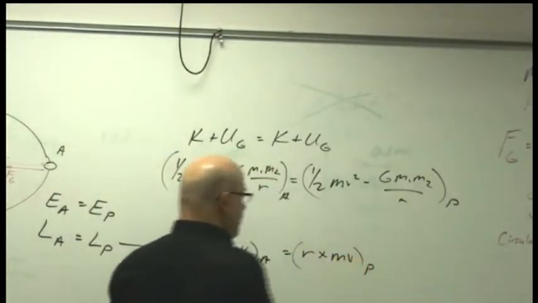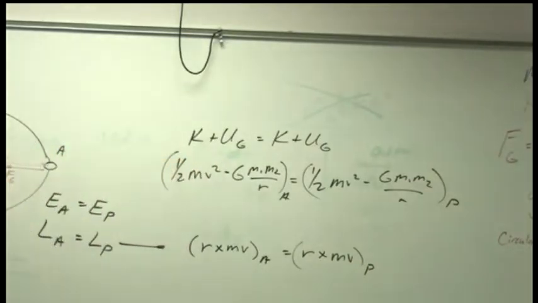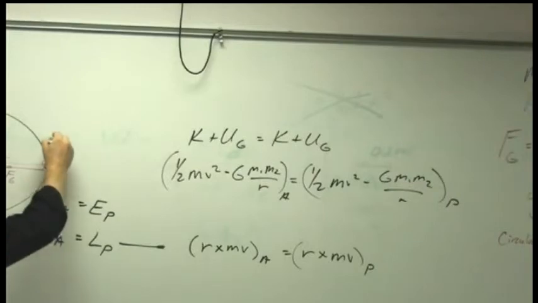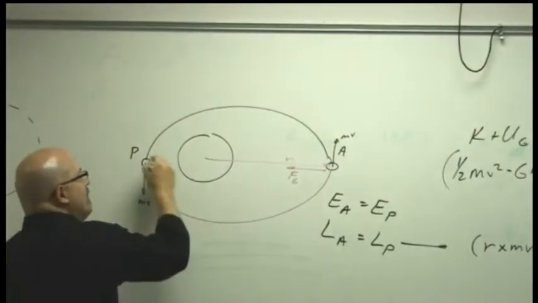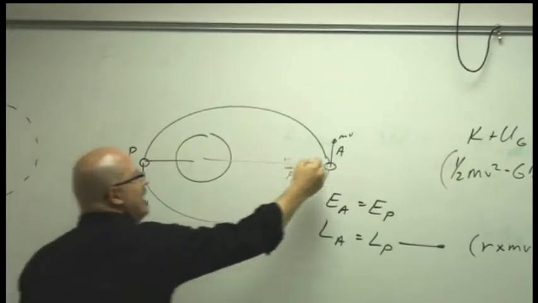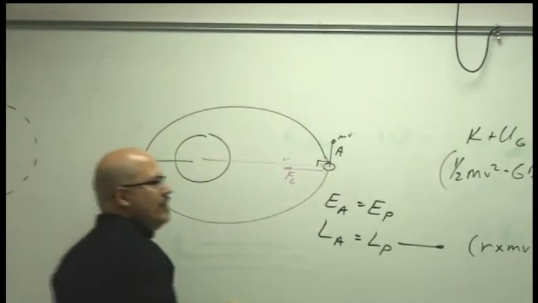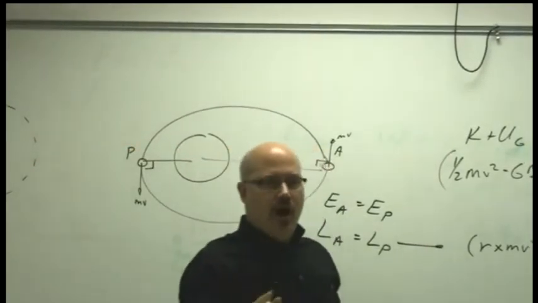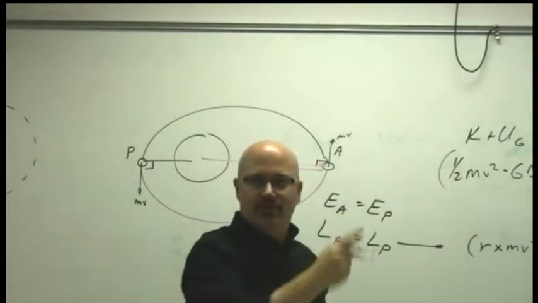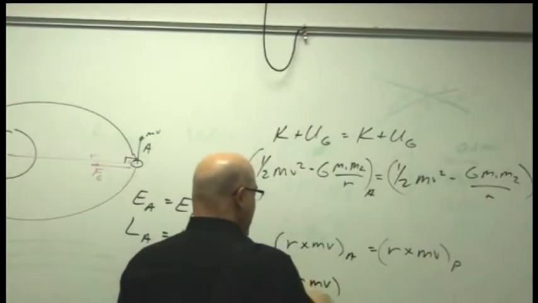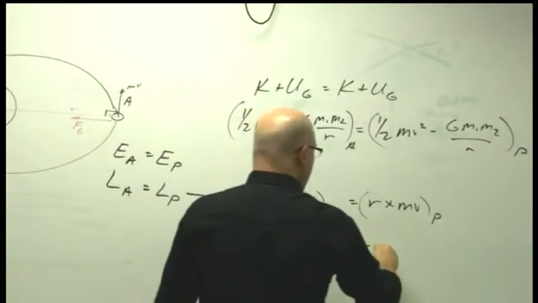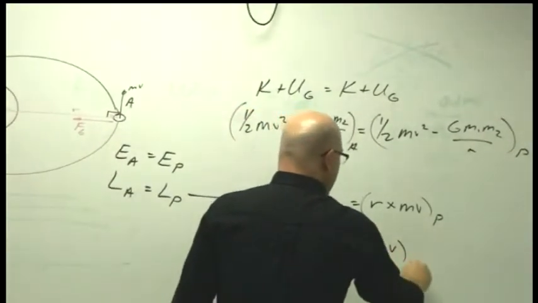At apogee and perigee, these are nice points because mv is this way, and radius is here, so we get a 90-degree angle. So that's RMV sine 90, which is 1. So you just get RMV at apogee equals RMV at perigee.